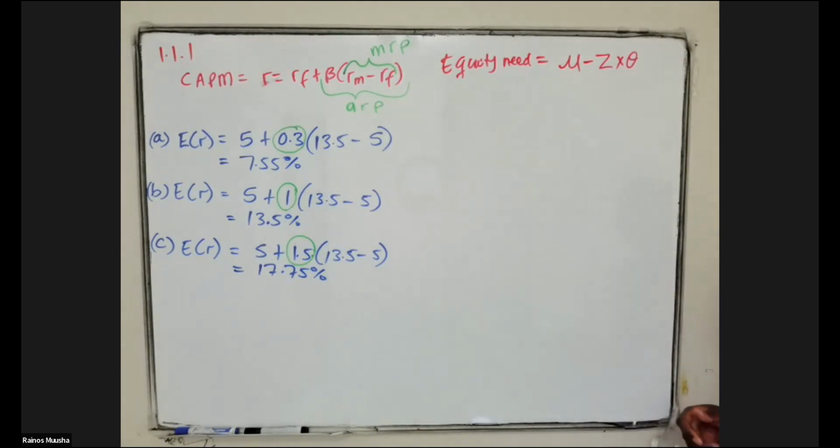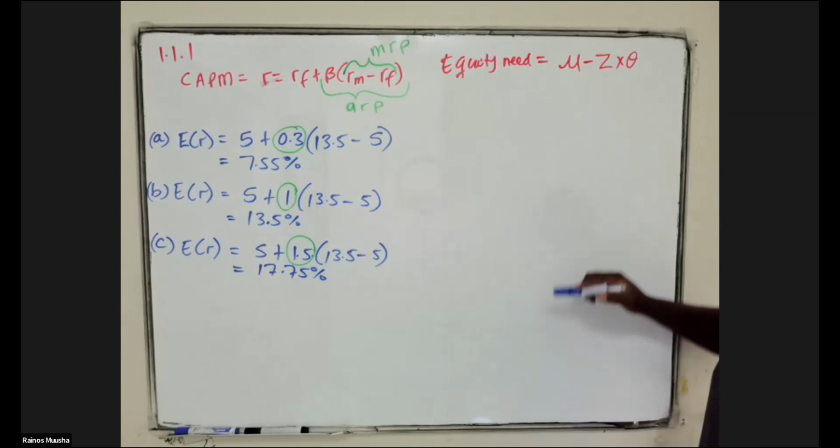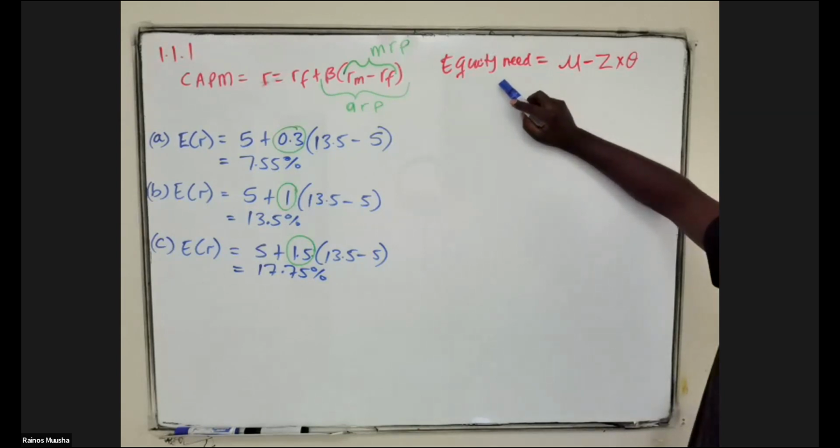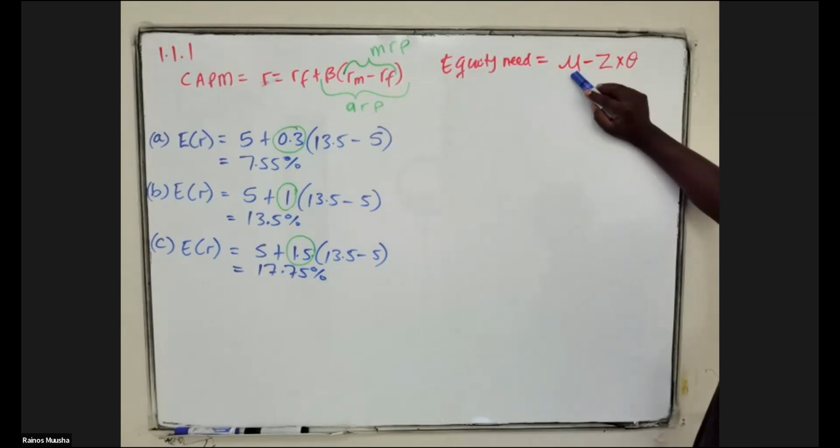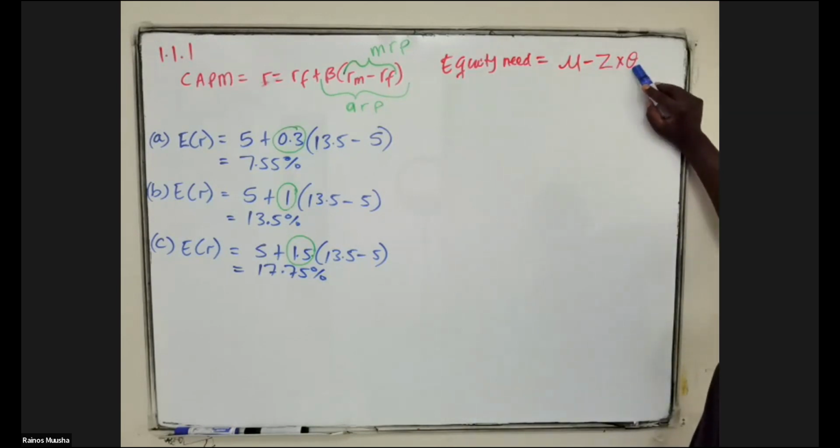So the equity need equals mu minus Z times the standard deviation. We are given the equity need, 3.5% of the assets, the mean, 0.5% of the assets, and the standard deviation, 1.8% of the assets.